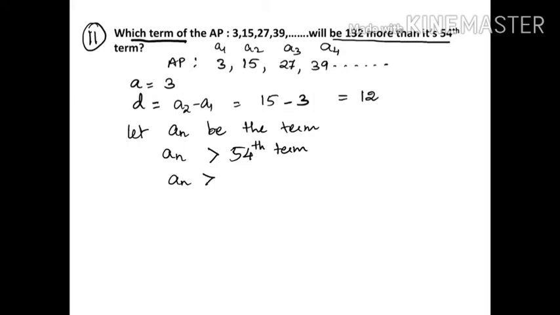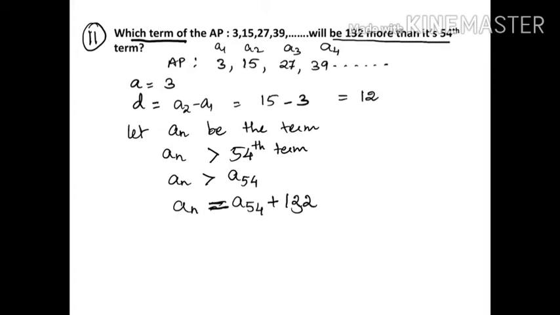That means an is greater than a54. By how much? By 132. So we add 132 to the smaller side so that the left hand side is equal to the right hand side.